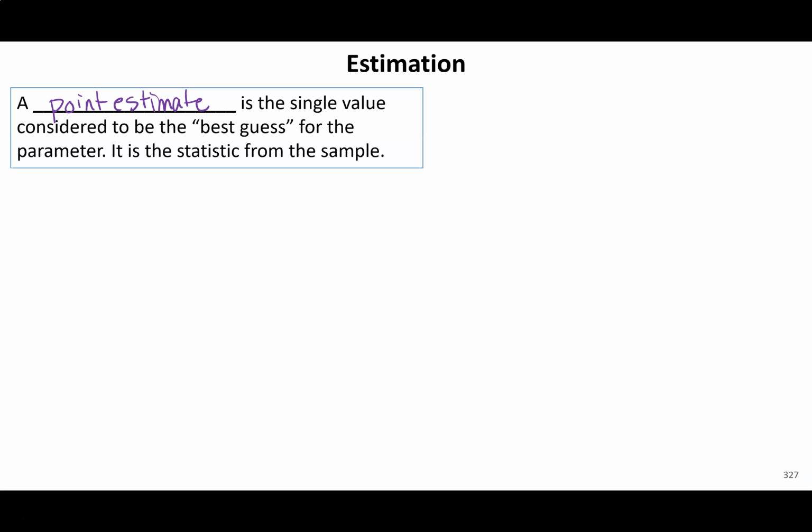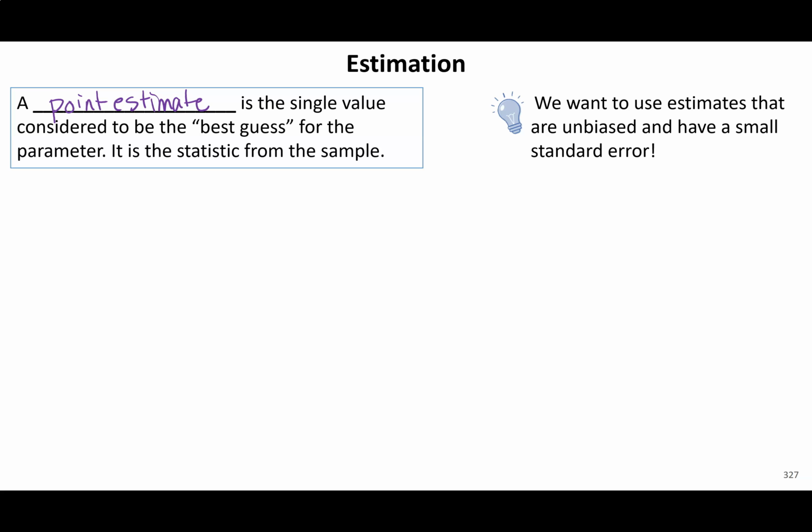My sample mean from the sample. So it's whatever you actually saw in the sample. That's your starting point. And we usually want to use a sample statistic that is unbiased and has a small standard error. What that means is, on average, we want it to be accurate for predicting the mean, and we don't want it to fluctuate a lot from sample to sample.